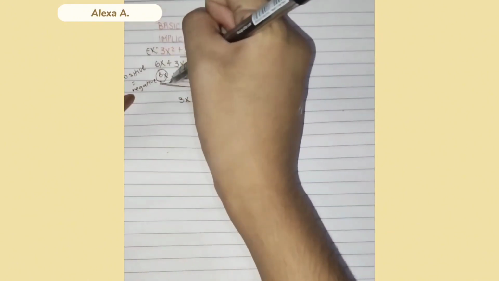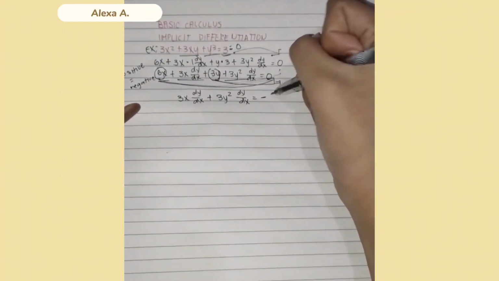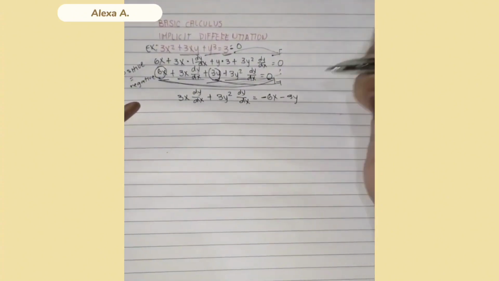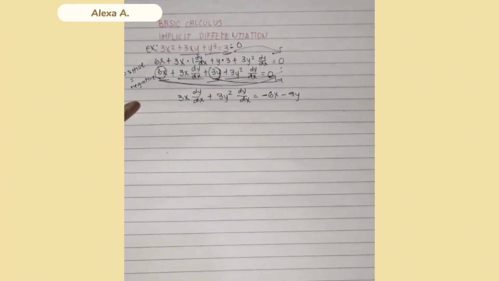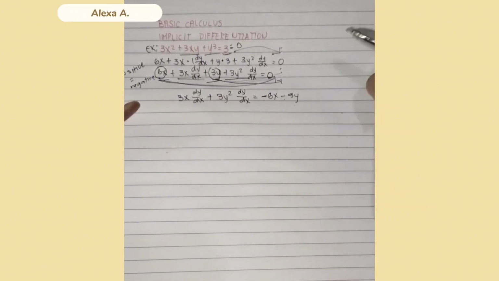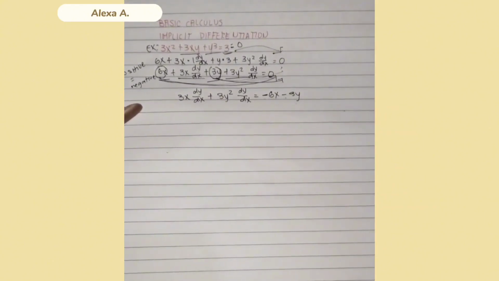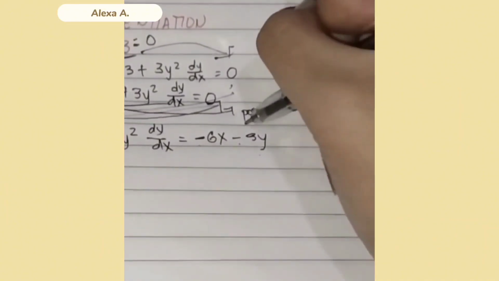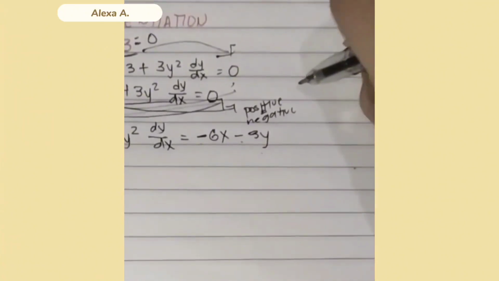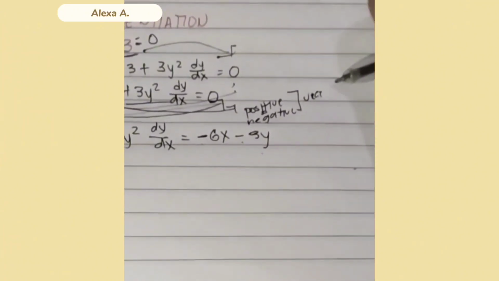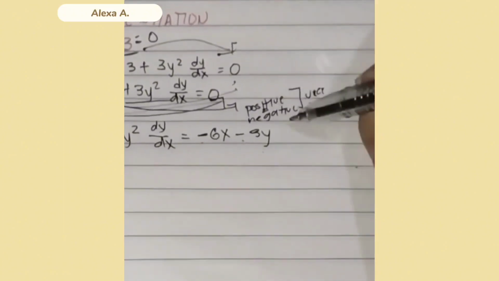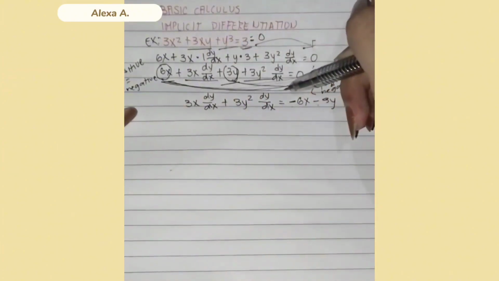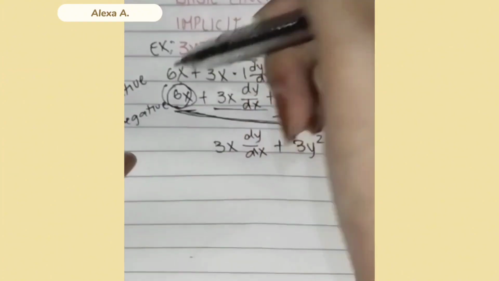So the 6x will become negative 6x, and the 3y will become negative 3y. As I mentioned earlier, the positive sign will become negative, vice versa. The negative will become positive when we move the product.